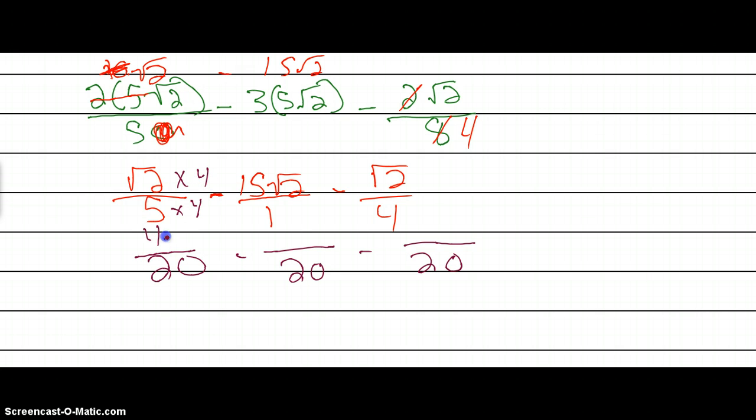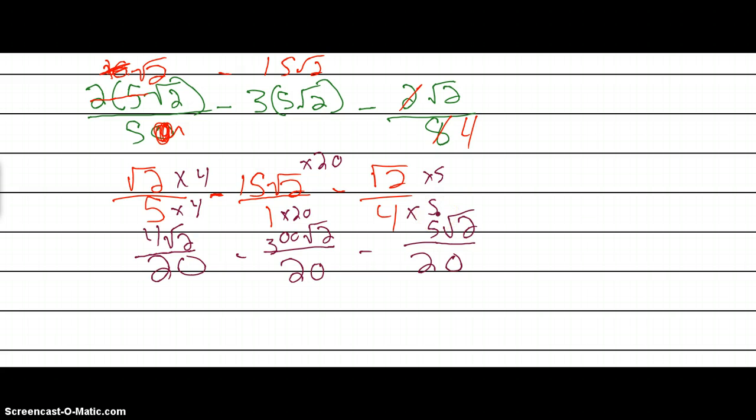So you have 4 square root of 2. How do you get 1 into 20? You need to multiply by 20. So you multiply this by 20. 15 times 20 is 300 square root of 2. And then 4, that's times 5, and this is times 5, so you have 5 square root of 2. So when you have 4 square root of 2 minus 300 square root of 2 minus 5 square root of 2, well, 4 minus 300 is negative 296.